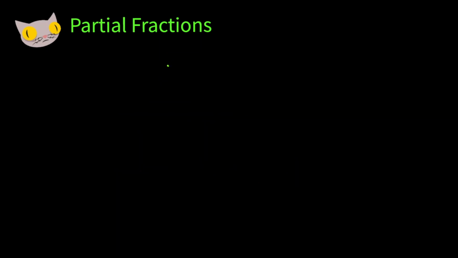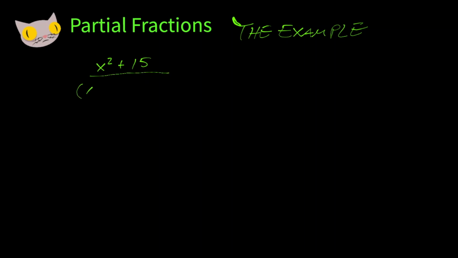So now lastly, let's do one last example to put everything together and use everything that I went over. So this is going to be the example. Let's say we have x squared plus 15 over x plus 3 squared times x squared plus 3. Because we have a factor with an exponent of 2, it's going to need two terms.